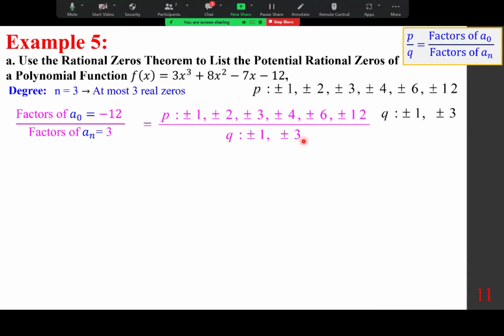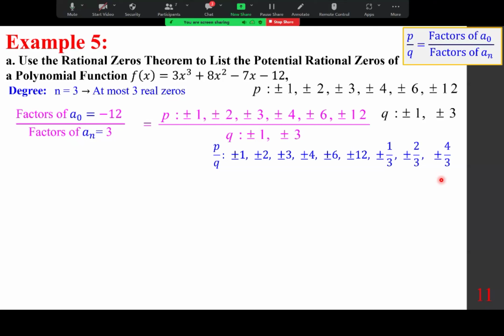So plus minus a third, plus minus 2/3, plus minus 1, we don't have to repeat it again, plus minus 4/3, plus minus 6/3, which is plus minus 2 again, we don't have to repeat it, plus minus 12 divided by 3, that means plus minus 4, we don't have to repeat them. So there are so many of them.